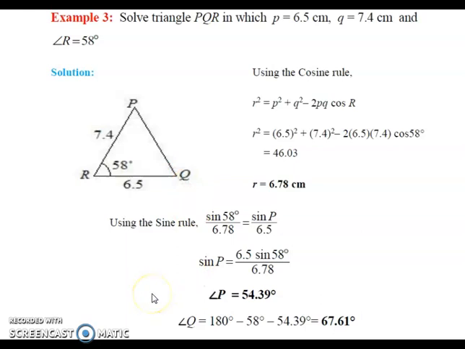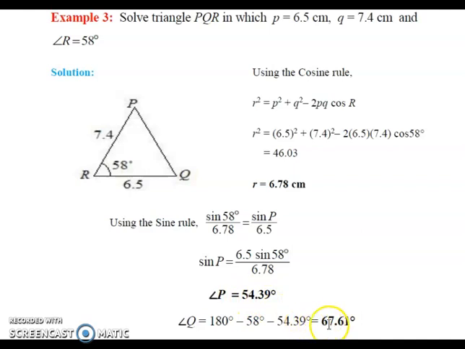Now we have to find out the remaining angle Q. We know that in a triangle, the sum of the angles is equal to 180 degrees. By using that condition, angle Q is equal to 180 degrees minus angle R minus angle P. So 180 degrees minus 58 degrees minus 54.39 degrees.